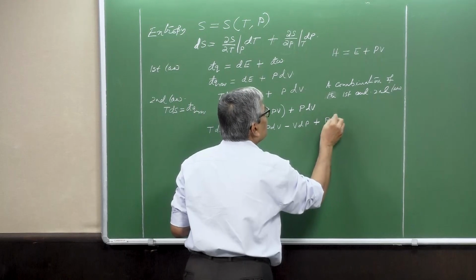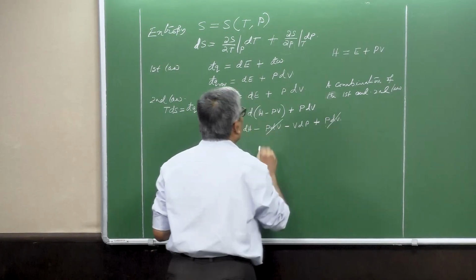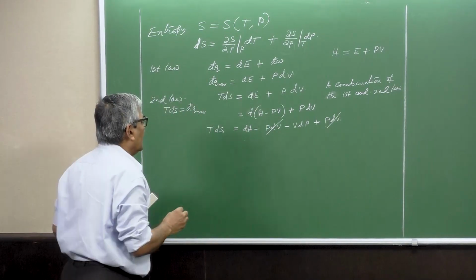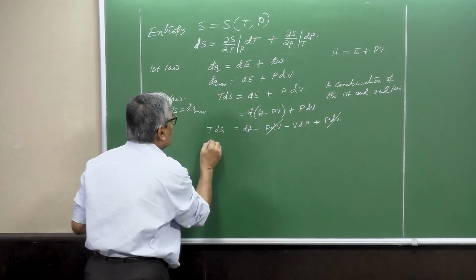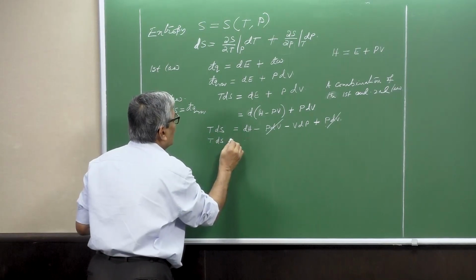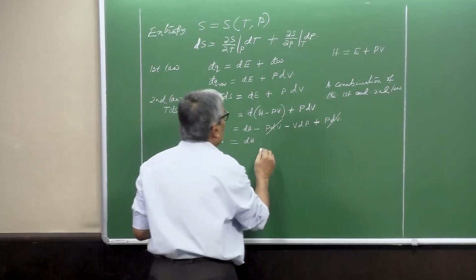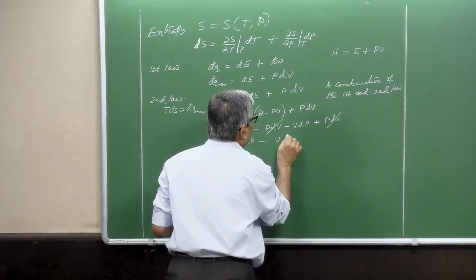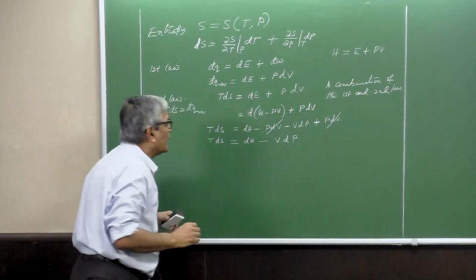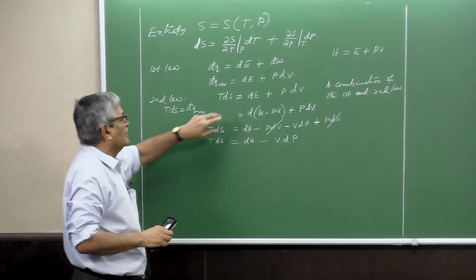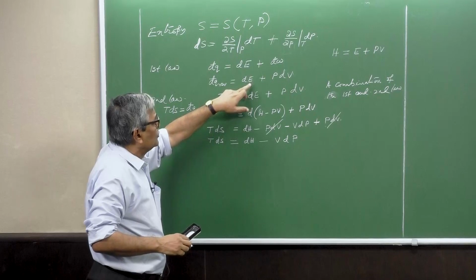You see that P dV gets cancelled out, and we have a simple relation: T dS equal to dH minus V dP.